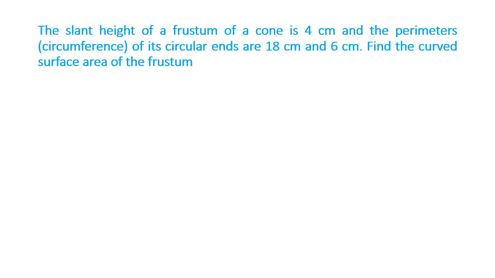And the next one we have is the slant height of the frustum of a cone. So here we have L. The slant height is 4 centimeter and the perimeters of the circumference are given. The circumference here is 18 and the circumference here is 6. Now I'll call this C1.